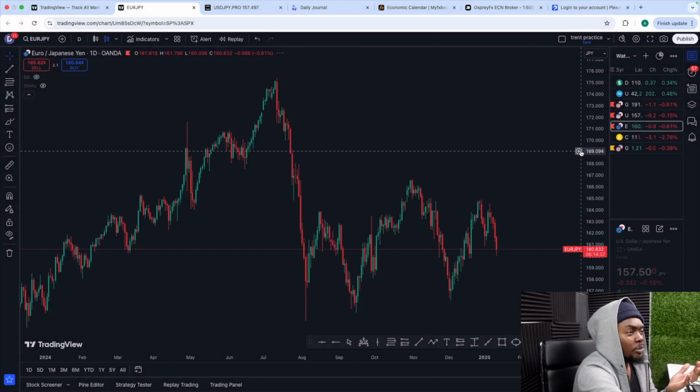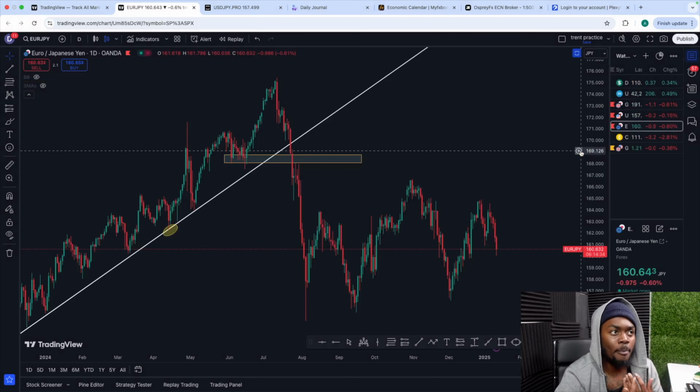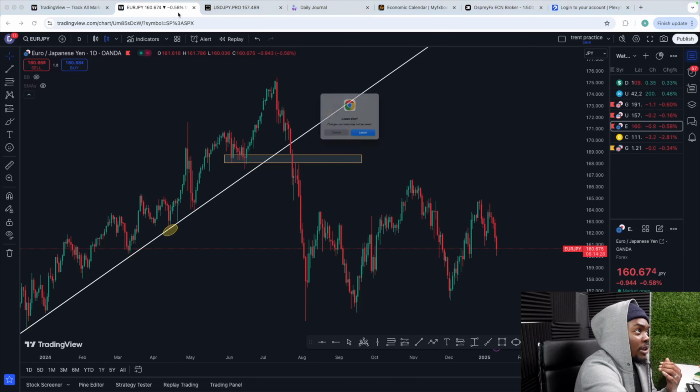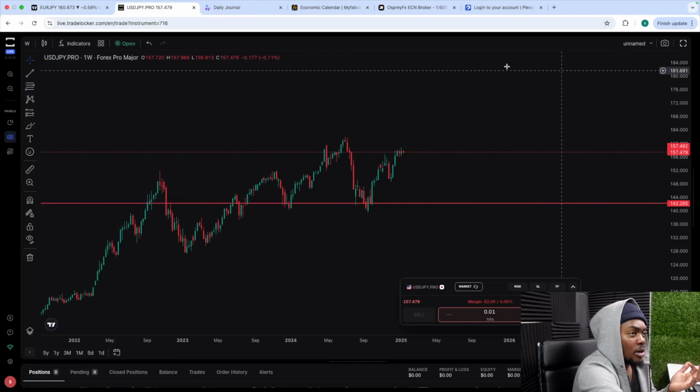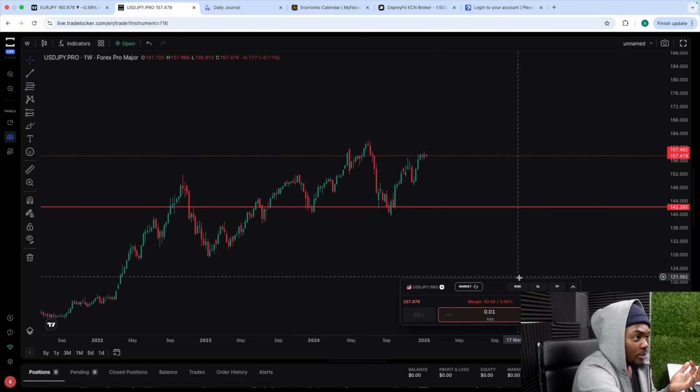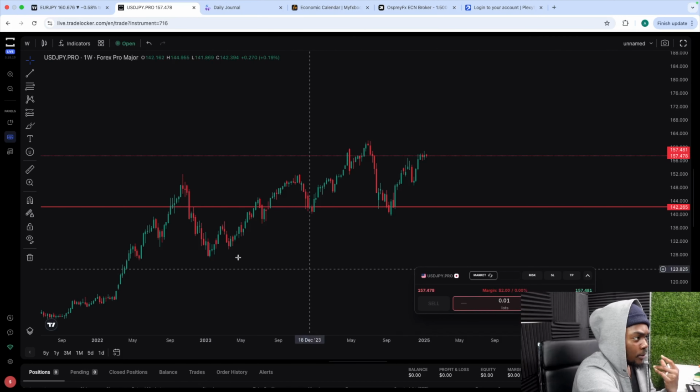Everything's already personalized and color coordinated to my liking. So, if there's no need to switch, why switch? Like I said, you can definitely use TradeLocker as well to mark up your charts, but it's tomato, tomahto, right?